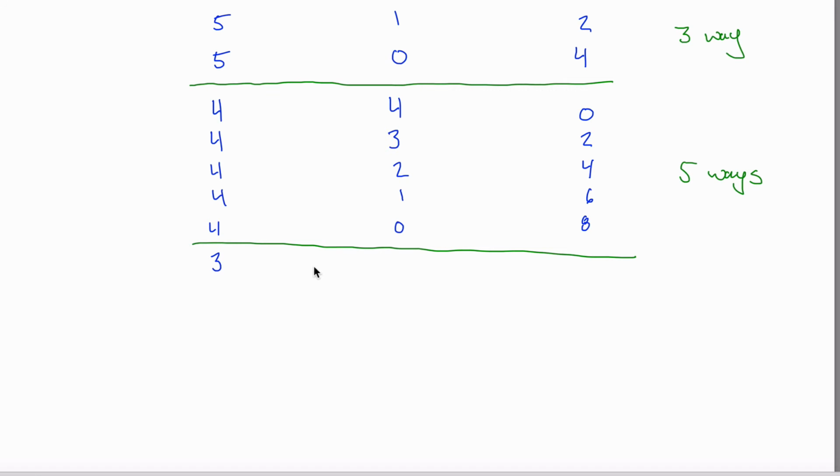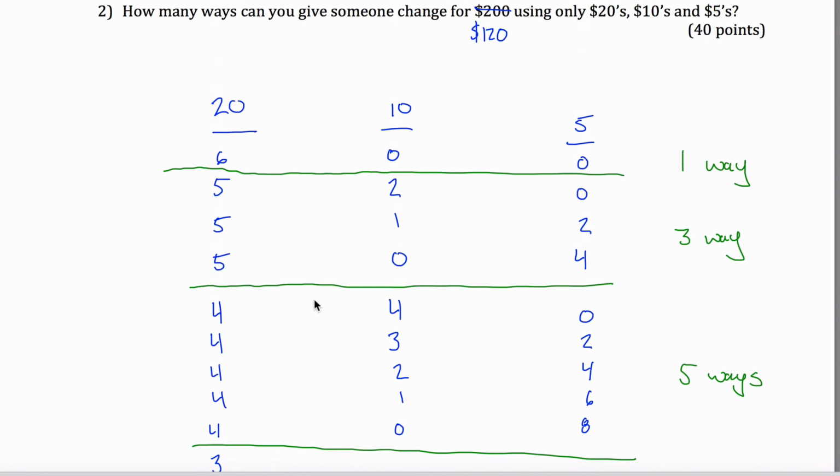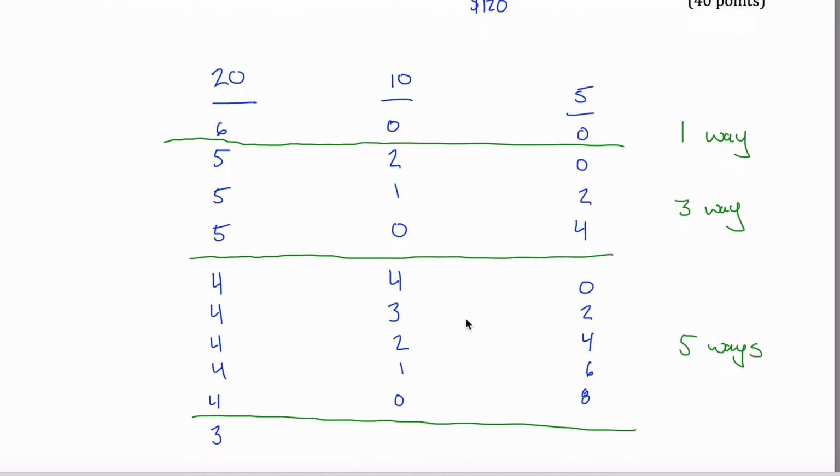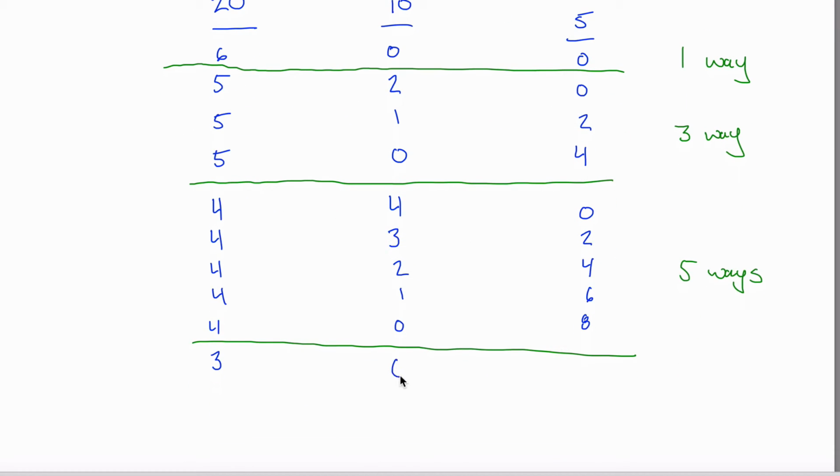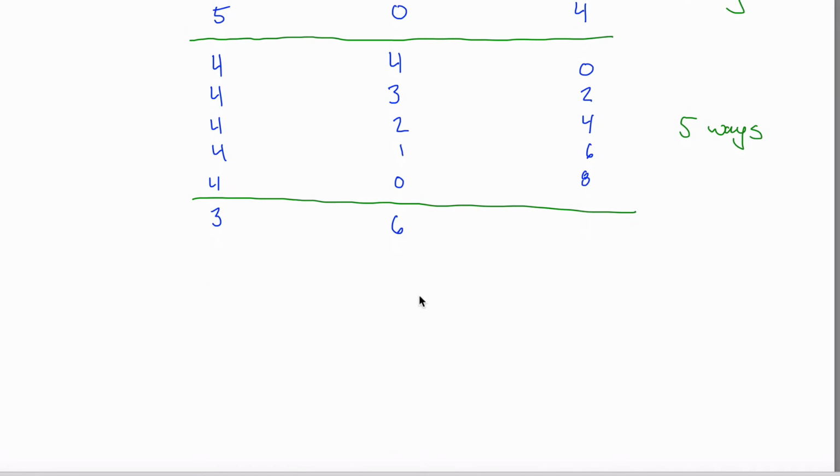What if I had 3 20s? Well, if I had 3 20s, that would only be $60, so I'd need $60 more. So the most 10s I could have is 6. Note that all that's going on with the 10s is I'm decreasing by 1 each time. So here I started at 2, here I started at 4, here I'm starting at 6. I'm starting 2 higher. I think there's going to be 2 more ways because I'm starting 2 higher. Let's see how that plays out. 3 20s.